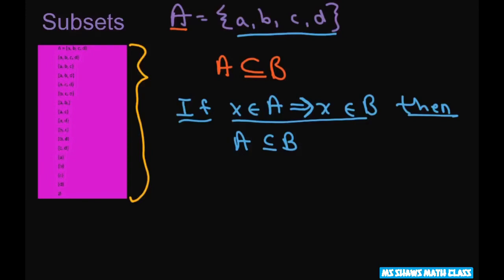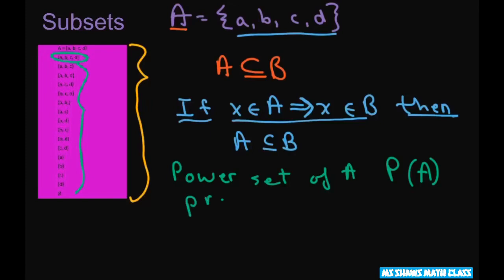We can write it as the power set of A. Also, if we exclude this one, if I take away this, then these are called the proper subsets of A.